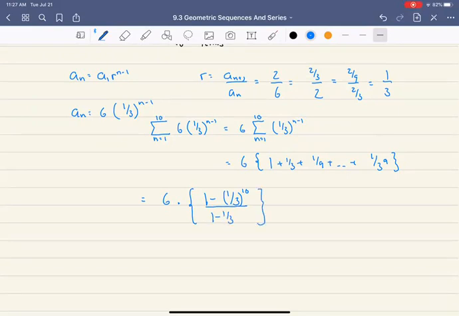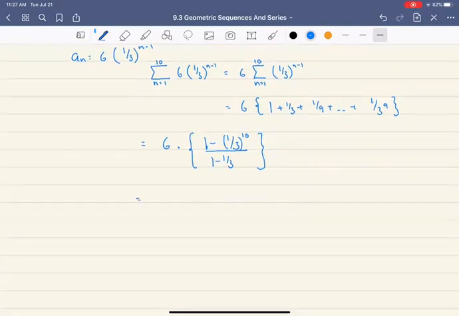Now I'm going to do the algebra a little bit tricky, just because I've found it'll be a little bit better this way. We'll write it as a number at the end, but I want to show you a nice way to do this. So I'm going to write this as 6 times 1 minus 1 over 3 to the 10th, that's the numerator, divided by 1 minus 1/3.